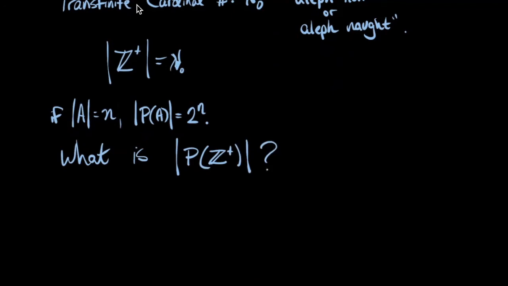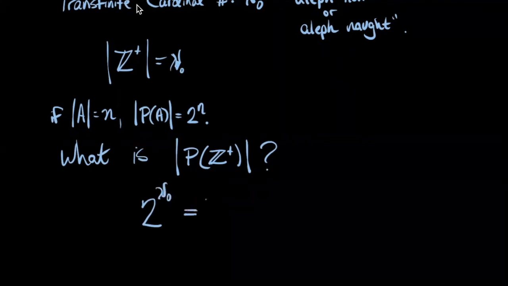It's a weird question because this aleph naught is sort of describing the infinitude of Z plus. But now we're saying we're going to take the power set of Z plus. That would be 2 to whatever the cardinality is, so it would be 2 to the aleph naught. And so we call this thing aleph sub 1.